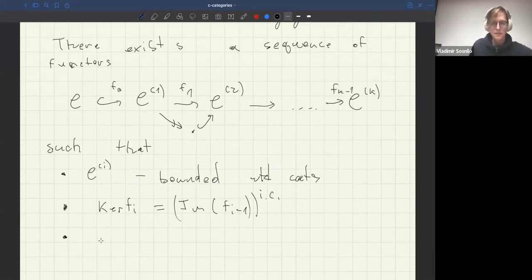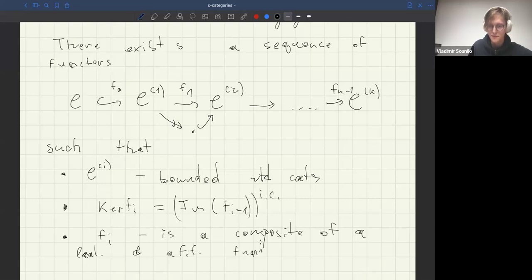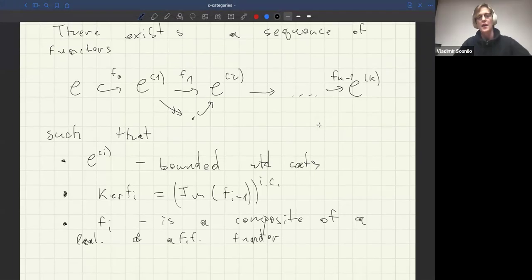And second, each functor is a composite of a localization and a fully faithful functor.